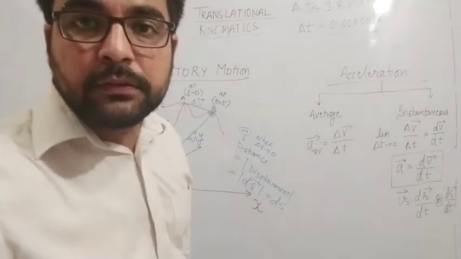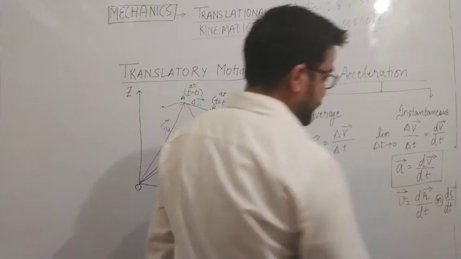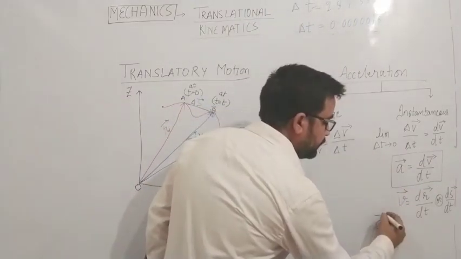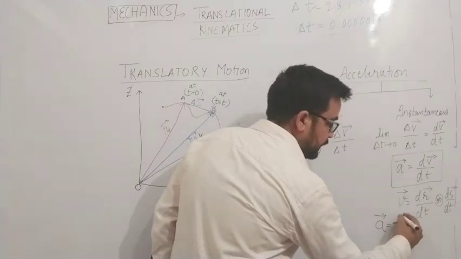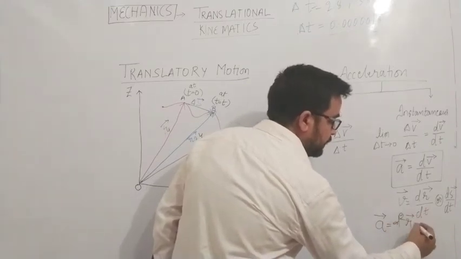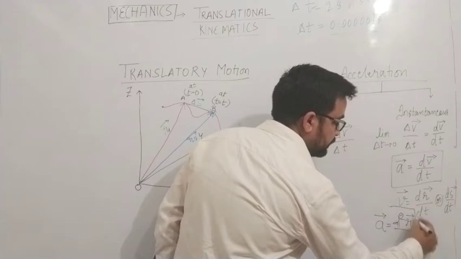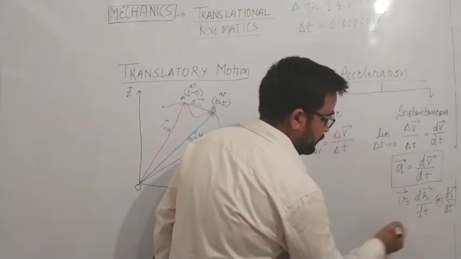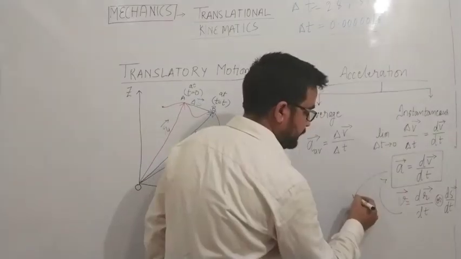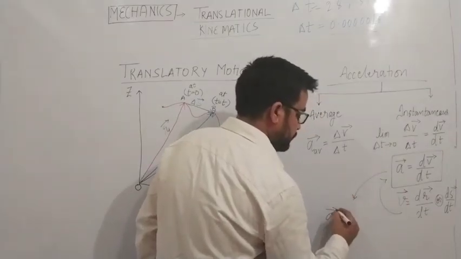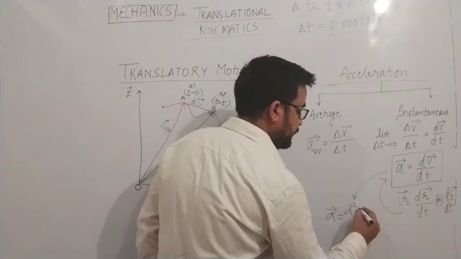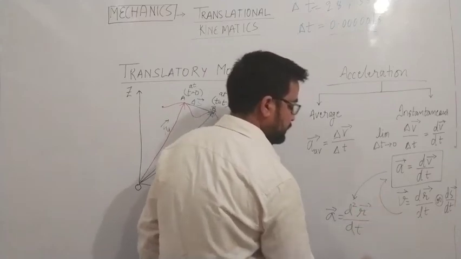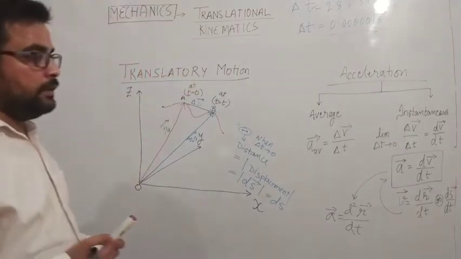So put this value here, you will get a is equal to what? Putting this value here, we will get a is equal to d square r by dt square, or d square s by dt square.